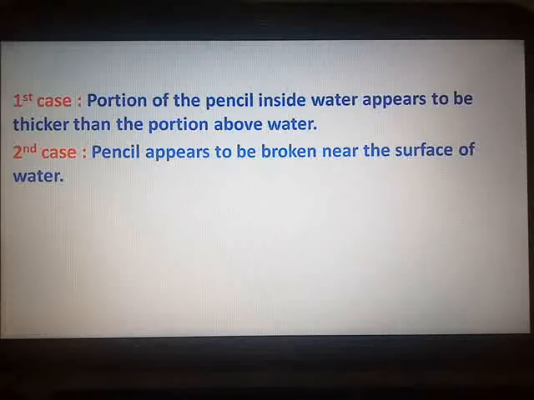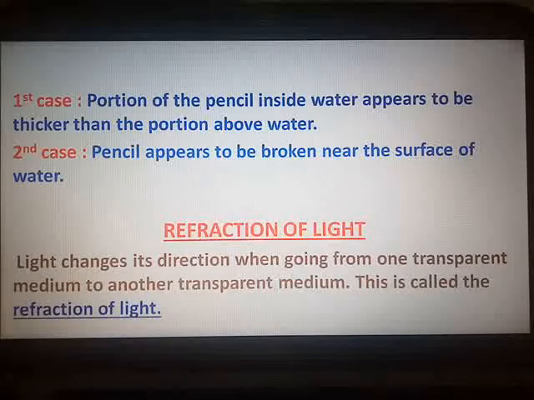So here we conclude that light changes its direction when going from one transparent medium to another transparent medium, and this phenomenon is called refraction of light. So this is the definition for refraction of light.